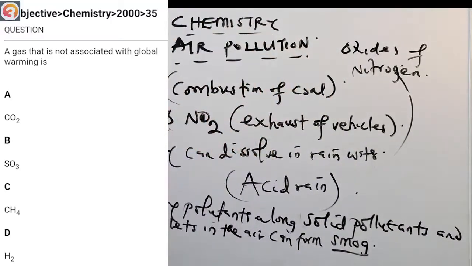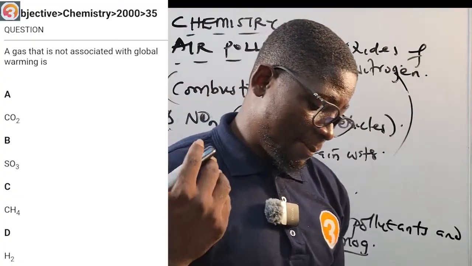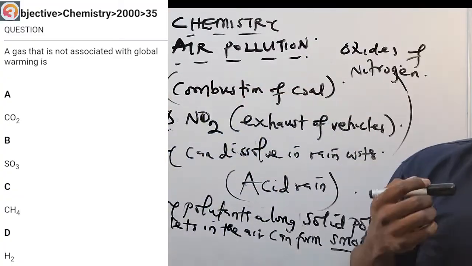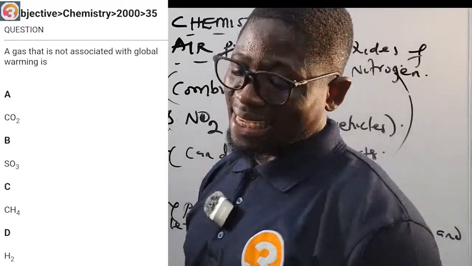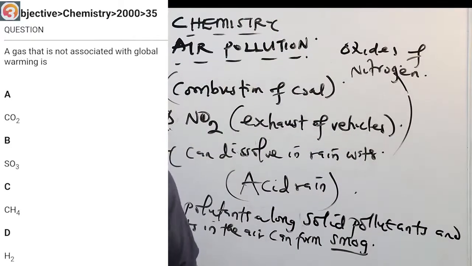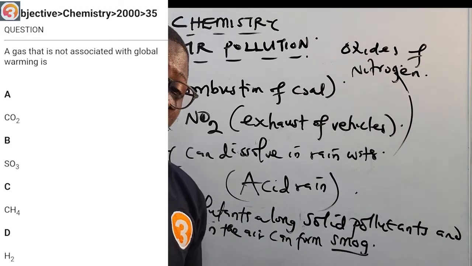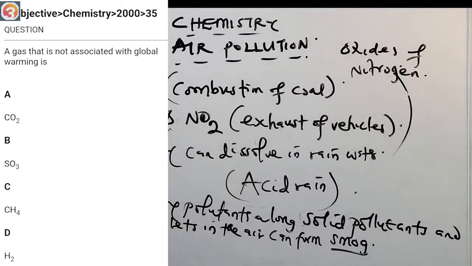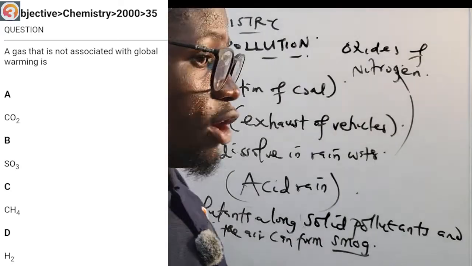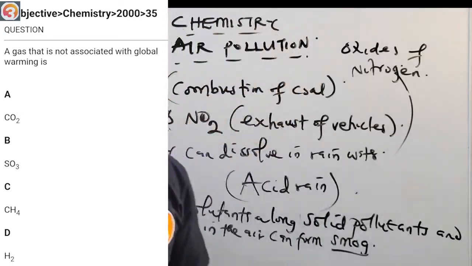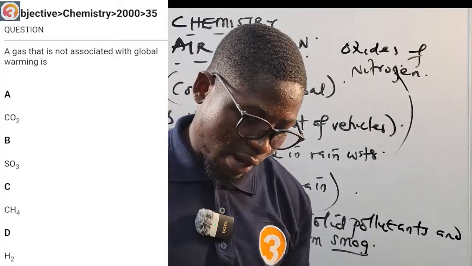Of course, it's very clear here that hydrogen is not associated with global warming. So our correct answer there will be option D. Some of the gases include carbon dioxide, methane, chlorofluorocarbons, water vapor, nitrous oxide. They are all gases that are associated with global warming.